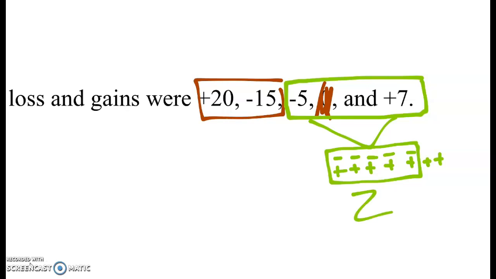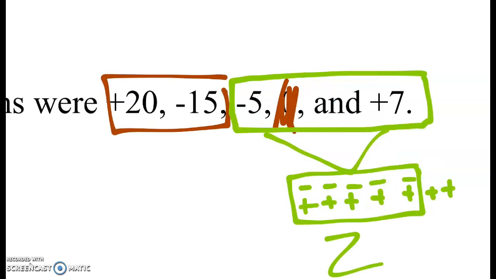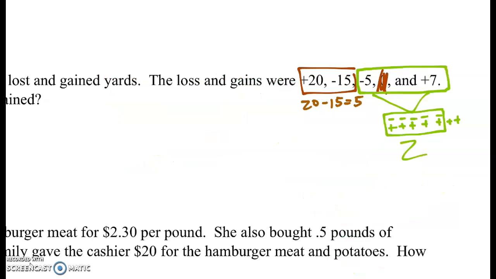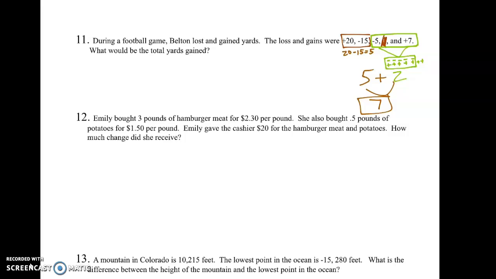And then let's look at this one over here. We have positive 20 and negative 15. Well, that's basically just 20 minus 15, which is 5. So we have a positive 5 and a positive 2, and we put those together, 7 yards. 7 yards. I guess I'll put that right there.